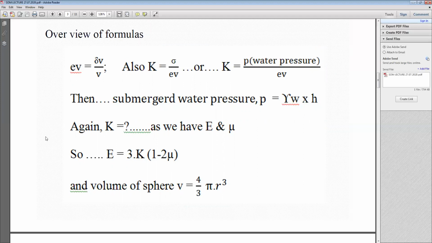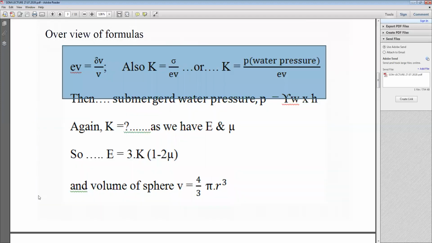So get into the practice of enlisting the formulas, whether you are able to read or understand the problem.